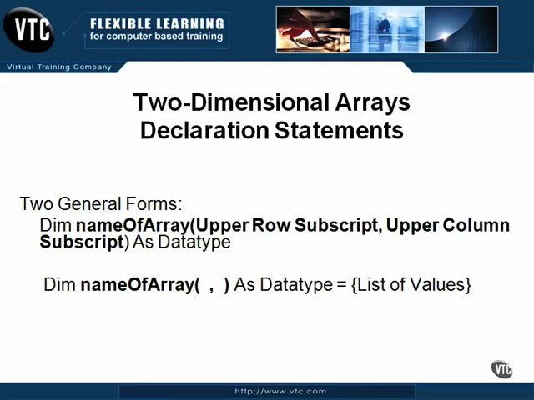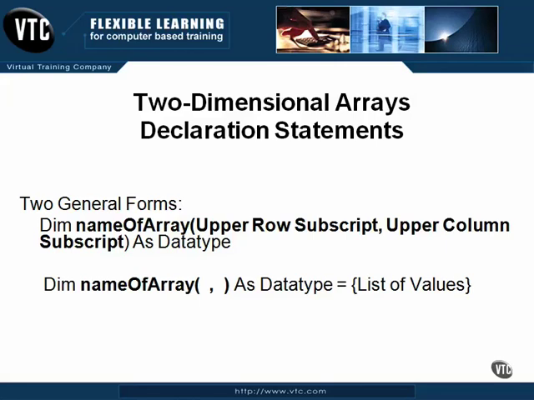In the second example, you see again the name of the array being specified after the word Dim, but in this case you see a set of parentheses with only a comma in between. The comma inside the parentheses is necessary to specify there are two dimensions to the array. You specify the initial values with the first dimension and the second dimension for the column.